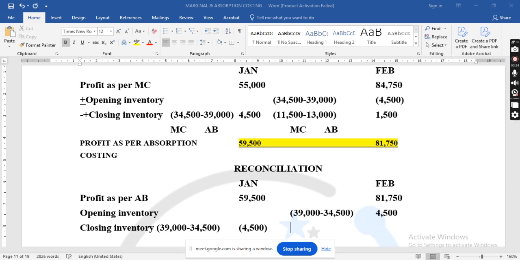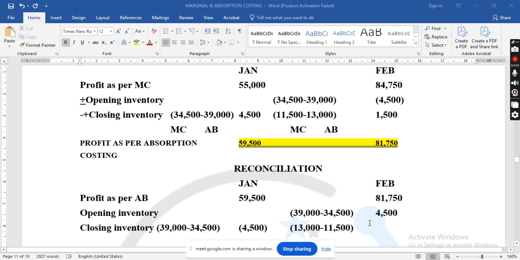Let's copy this to this part. Since you are starting from absorption costing, the absorption costing closing inventory should come first. That is 13,000. So this will come last as 11,500.